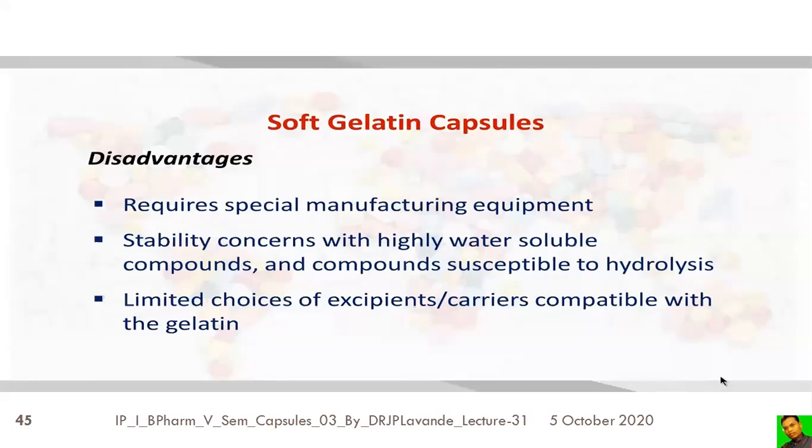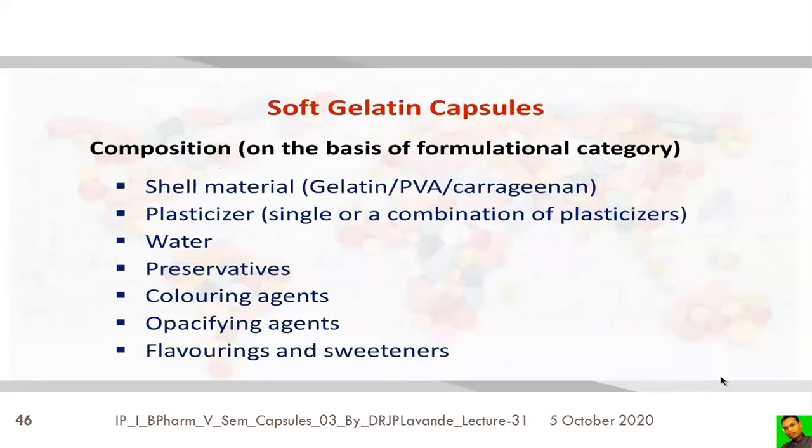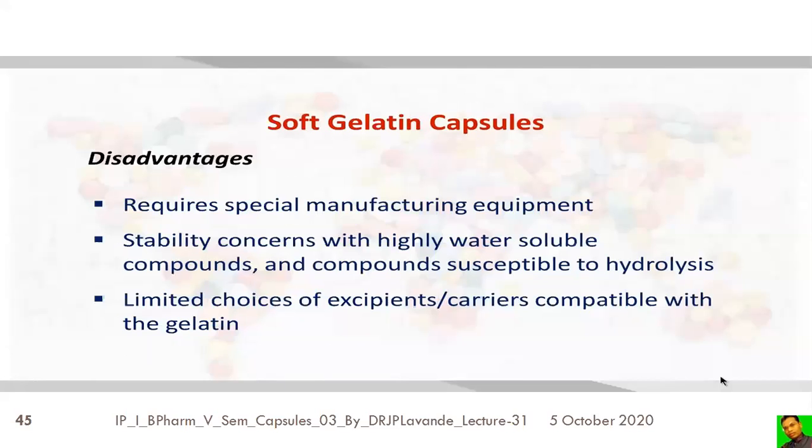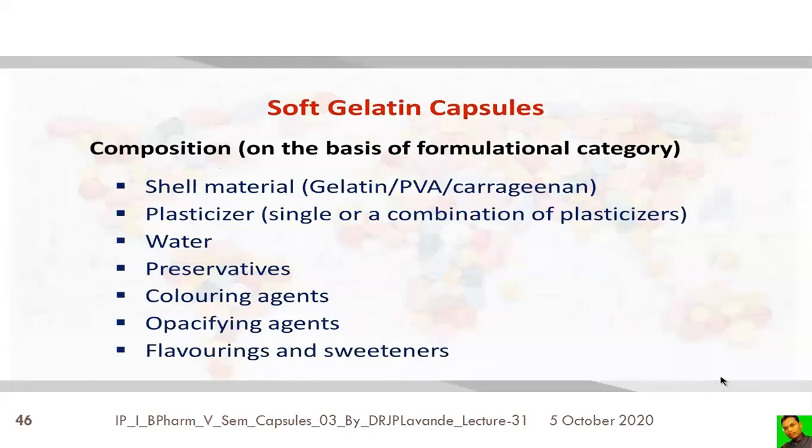These cannot be given with the help of the soft gelatin capsule. That is again a limitation. There are limited choices of excipients and carriers compatible with the gelatin, because of the nature of the gelatin and its strength. So there are very few compatible excipients available.